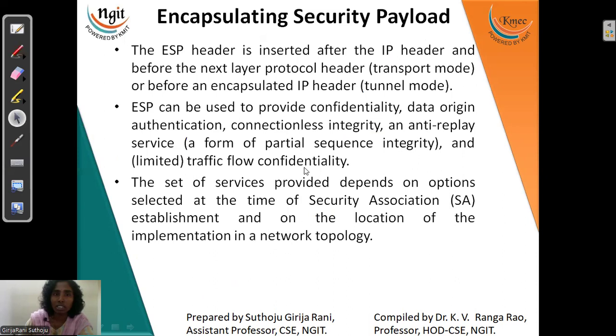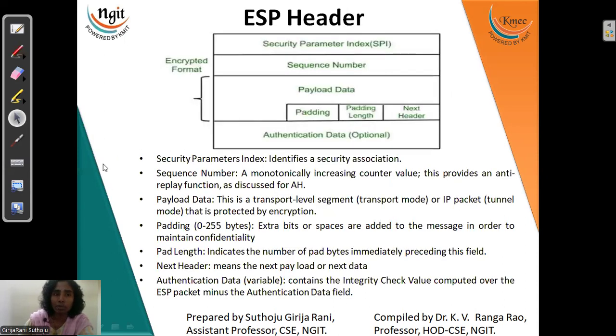Let us go with the ESP header. In the ESP header, the major thing we are going to concentrate on is the SPI. As we know, the SPI is associated with the security association, which we are going to discuss in the next session. The security association will have all the data related to security terms like cryptography, integrity, authentication, and what attacks we may get.